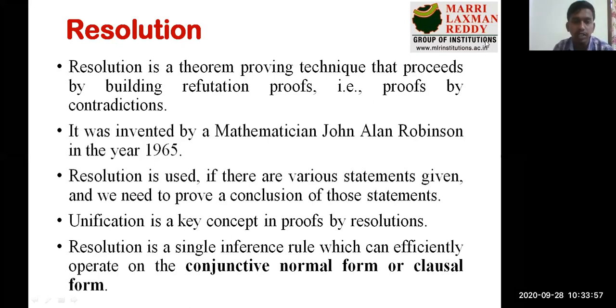This concept was invented by a mathematician called John Allen Robinson in the year 1965. You need to keep these names in your mind, because that's how we'll keep the concept alive while learning it in further sessions.